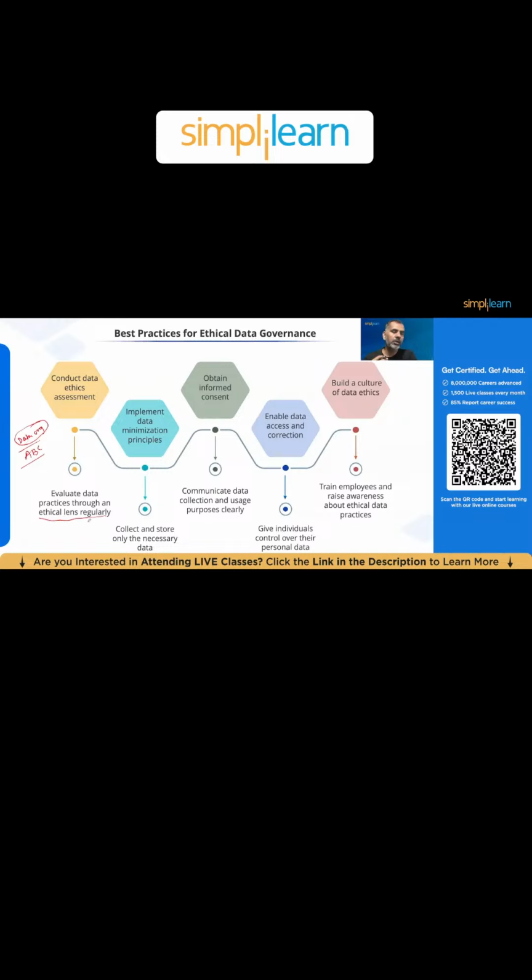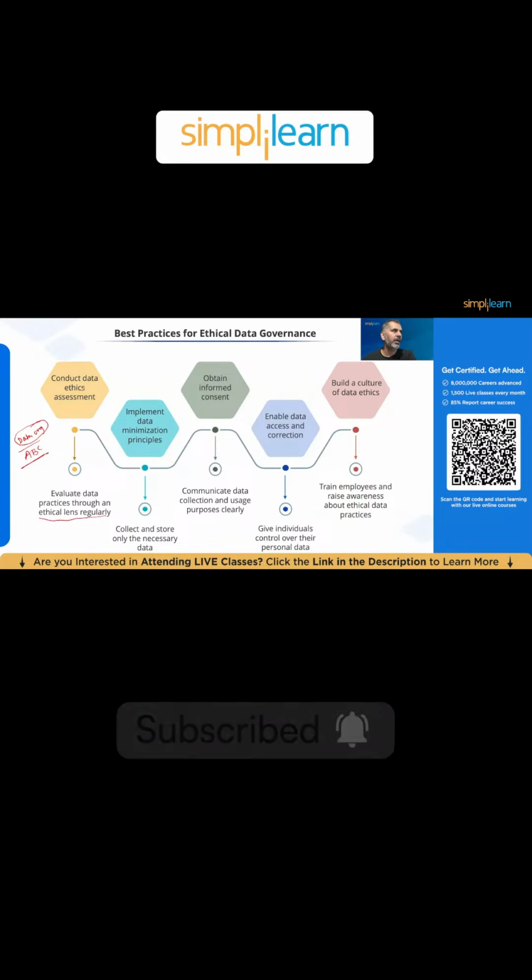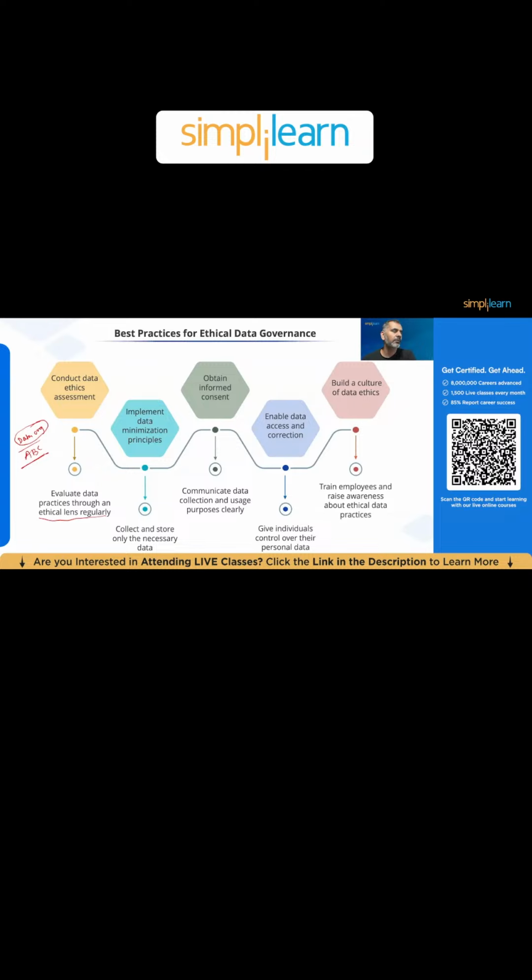It has to cover all the standard data ethics practices and prove that all these practices are well maintained and adhered to by the organization. This is what we call conducting a data ethics assessment periodically.